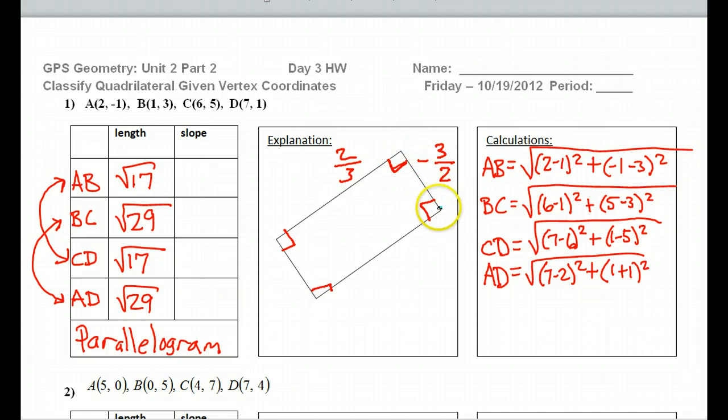This slope should turn out to be -3/2. In other words, if this is a rectangle, consecutive slopes should be opposite sign and reciprocal, meaning upside down compared to each other. So let's find the slope and see if we have opposite sign reciprocals. If so, we'll change this to rectangle. If not, it will just stay with parallelogram.